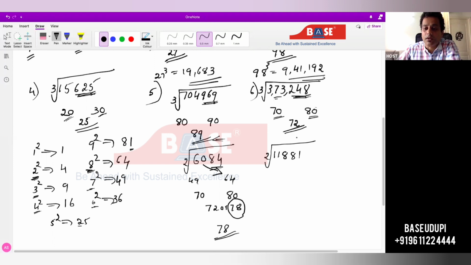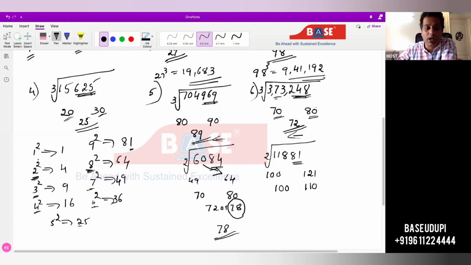Remember square root: right to left, the last 2 digits you need to skip. What is left out? 118. 118 is between 100 and 121, between 10 square and 11 square. So 100 on the right.